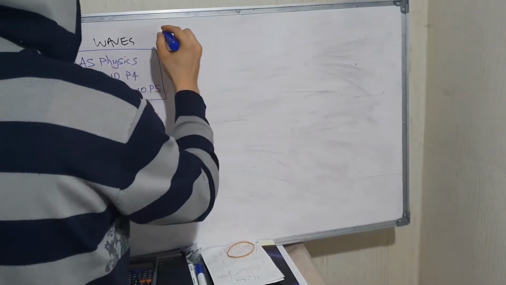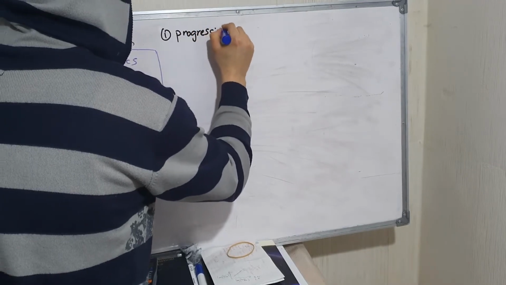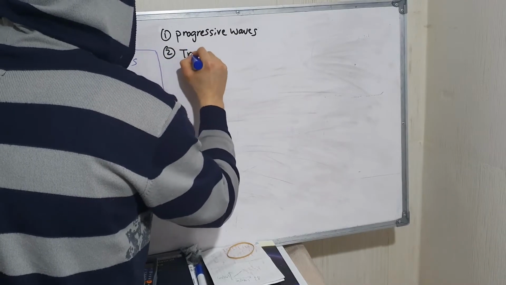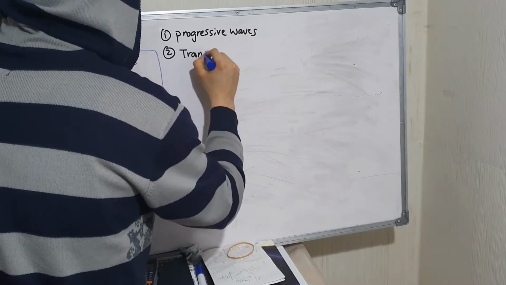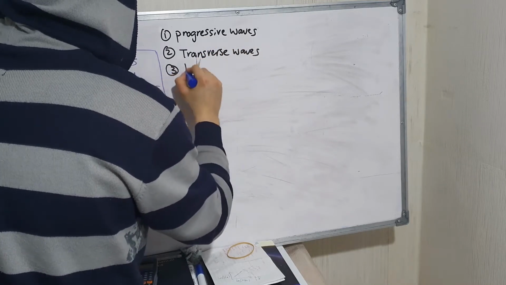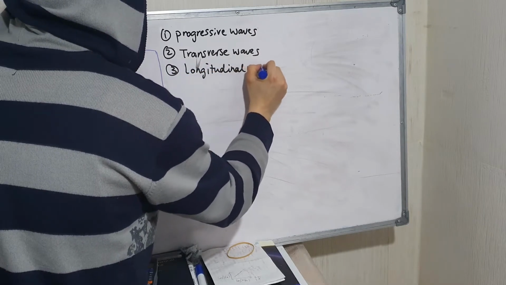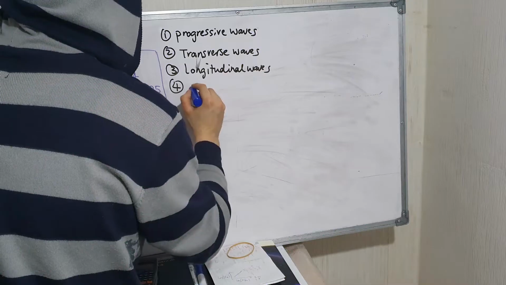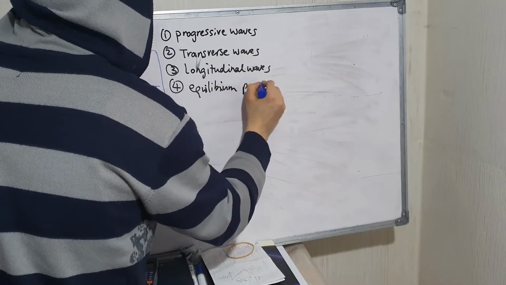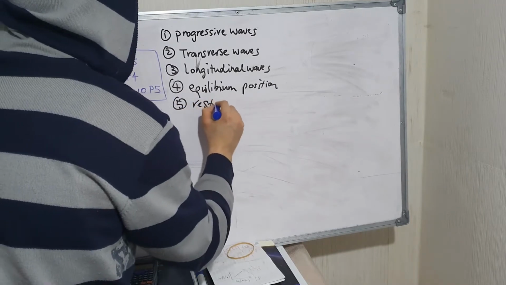So, progressive waves, we're going to be talking about transverse waves, we're going to be talking about longitudinal, we're going to be talking about equilibrium position, and then we're going to be talking about restoring force.